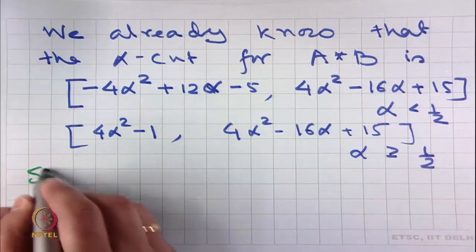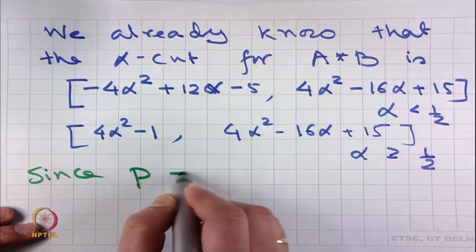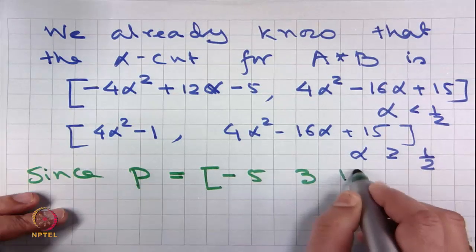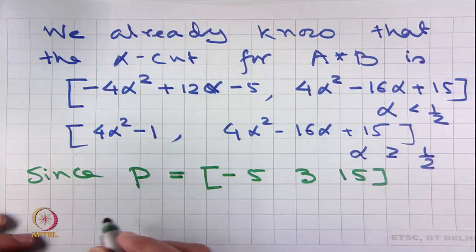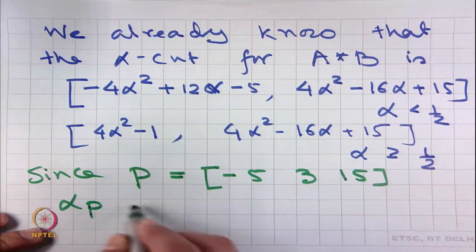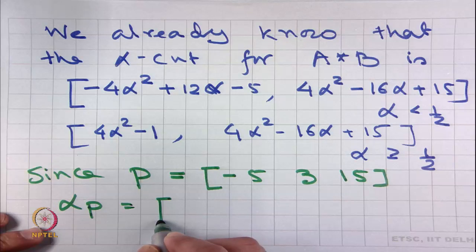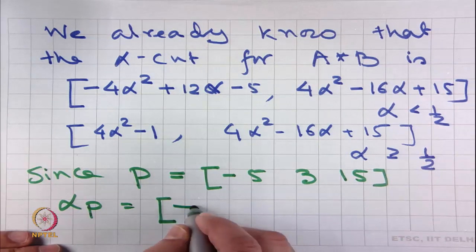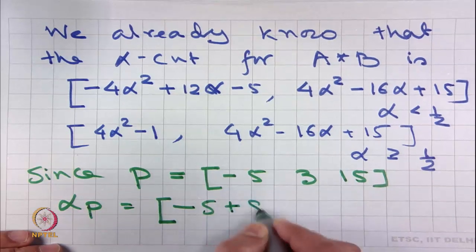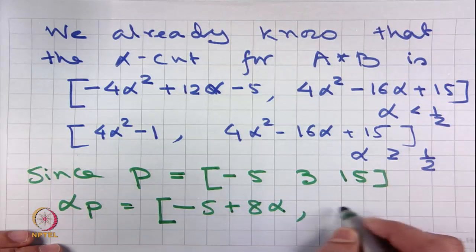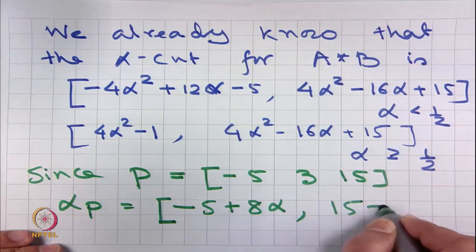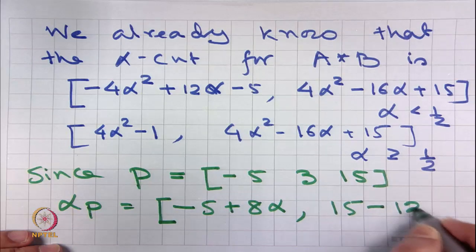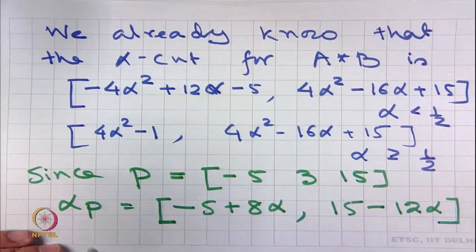Since P is minus 5, 3, 15, the alpha cut of P is minus 5 plus 8 alpha to 15 minus 12 alpha.